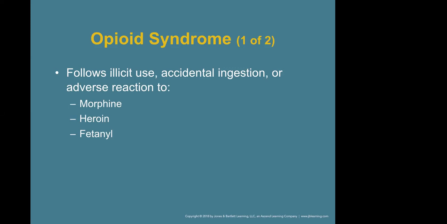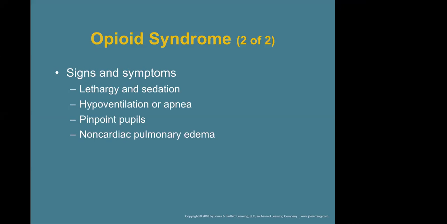So that can be your morphine, recreational heroin, recreational fentanyl, or prescribed fentanyl, okay? Remember, morphine and fentanyl do go home with patients in certain situations, and those oral medications can be accessed by people who are not prescribed that medication.